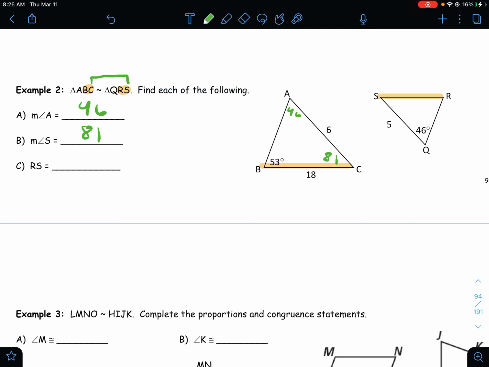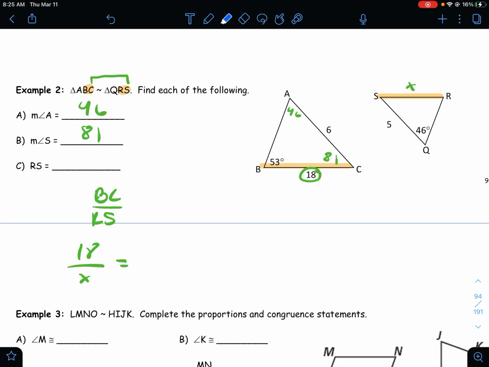All right. Usually the way I teach to set up a proportion is big over small. I think that tends to just make the most sense for people. So let's do BC, which is our big guy, over our small, which is RS. So we're going to say 18 over, and we don't know what RS is, so we'll put an X there. We're trying to figure that out. And now, again, let's do big over small.